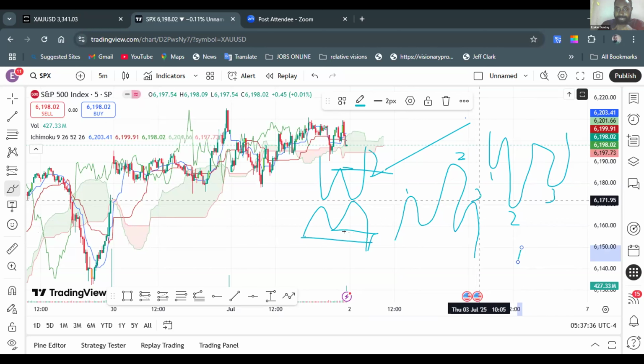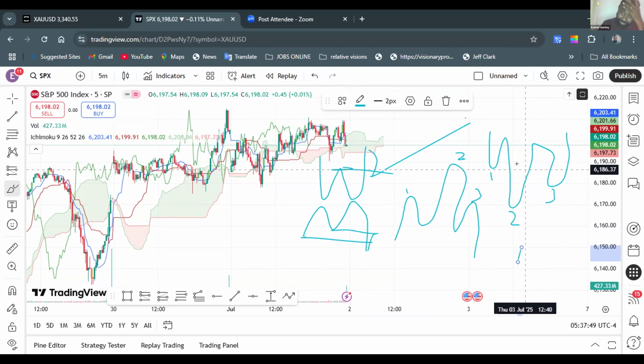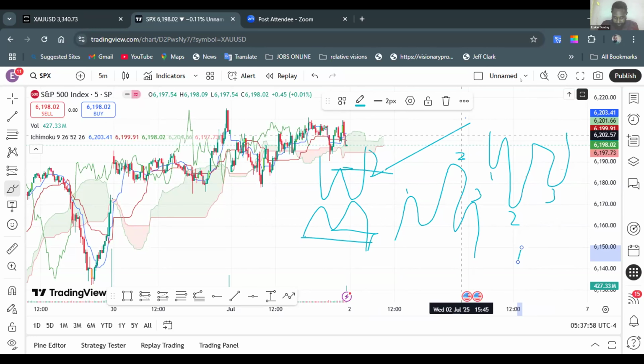Then the W structure telling you that the market is done with the sell momentum and is getting ready to buy, and the inverted head and shoulder telling you that the market is done with the sell momentum and is about to buy. So you have those structures on your mind.